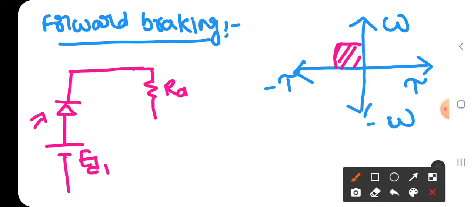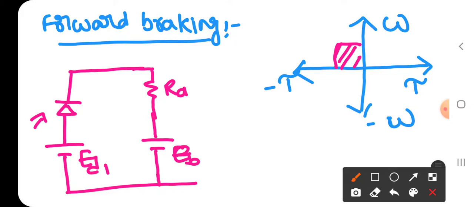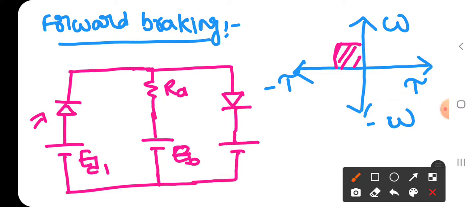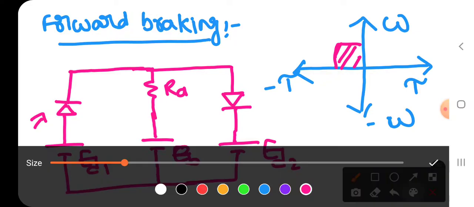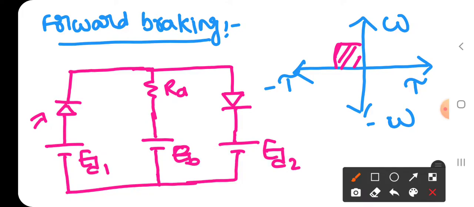RA, and here it is EB. It is converter 2, ED2.